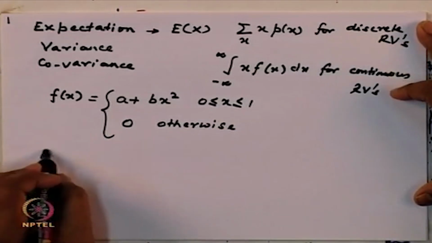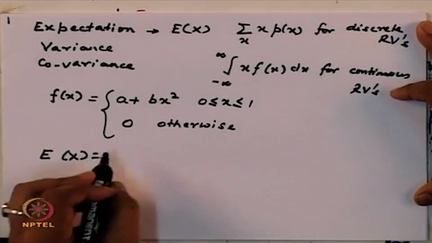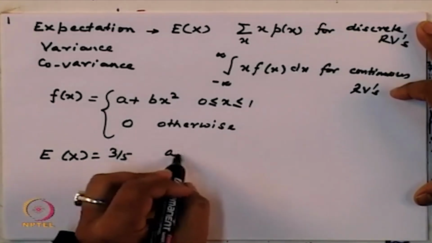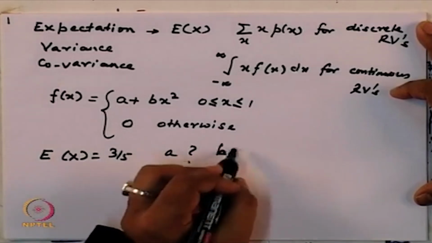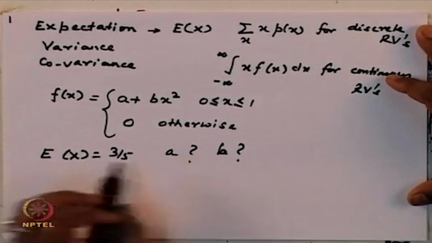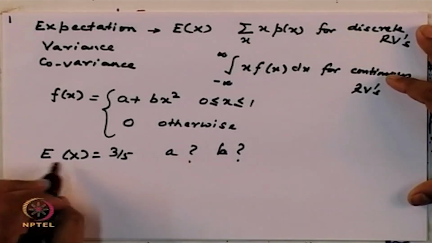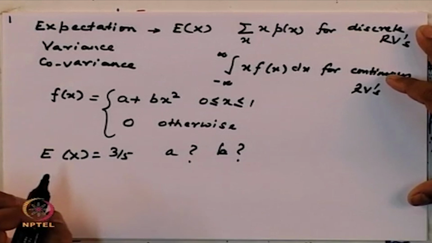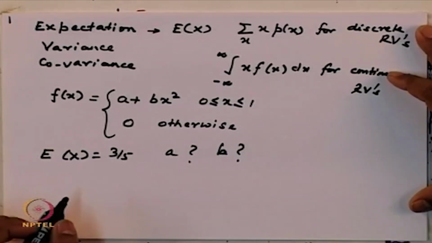Now, if for this random variable you are given E of x is equal to 3 by 5, then what is the value of a and what is the value of b? We essentially have two unknowns in this problem, a and b, and we are given this condition E of x equal to 3 by 5. So, how do we go about it?